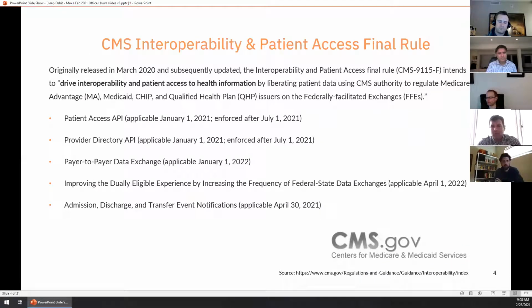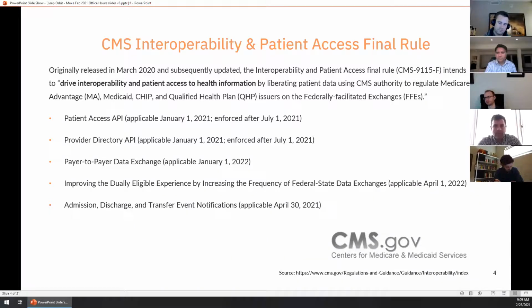So, from this audience, I think most of this will be familiar to you. The CMS issued the final interoperability and patient access rule in March, pursuant to authorities granted to it in the 21st Century Cures Act.